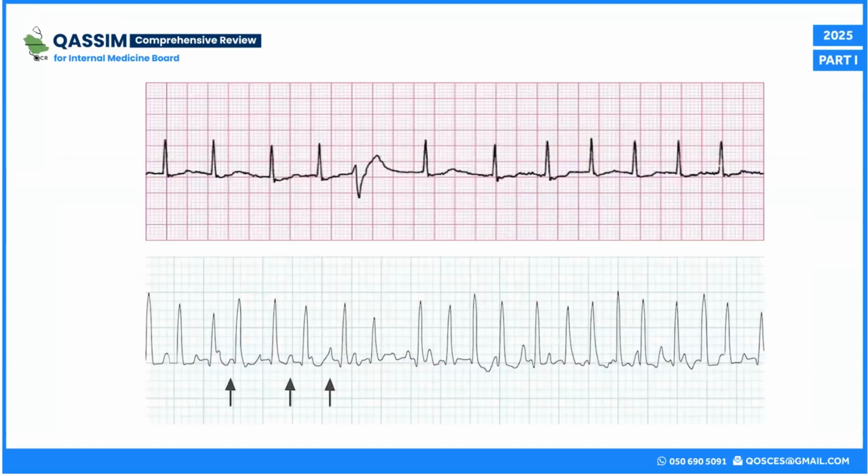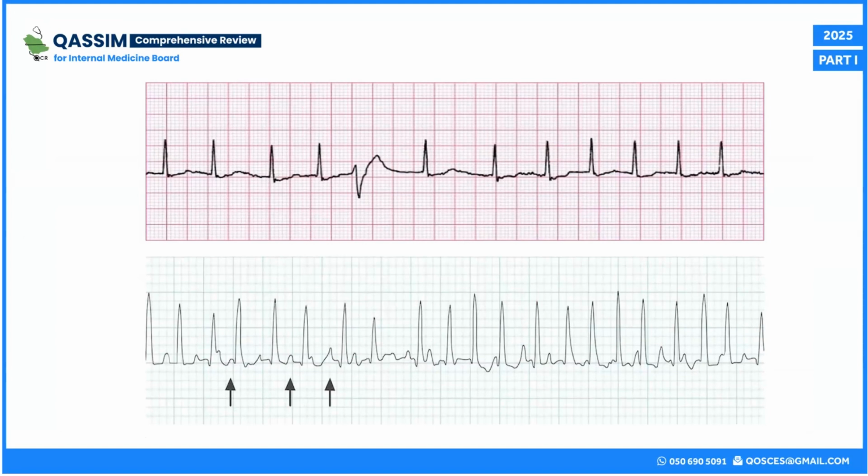So these are different rhythms. The one above does have PVCs. So this is a patient with a junctional escape rhythm and premature ventricular contractions. There are no clear P waves preceding every QRS complex. And then the diagram below shows a P wave of different morphology preceding every QRS complex.